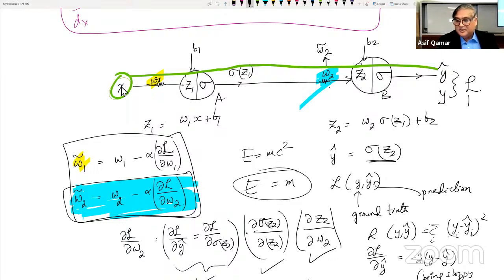From the loss, now we start the backward journey. You got the gradient of the loss. From the gradient of the loss, you computed the gradient of the loss with respect to W2, right?